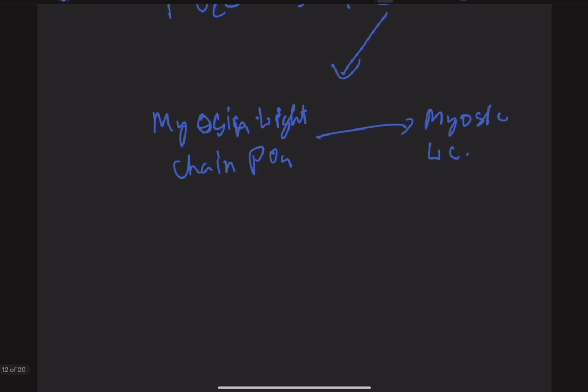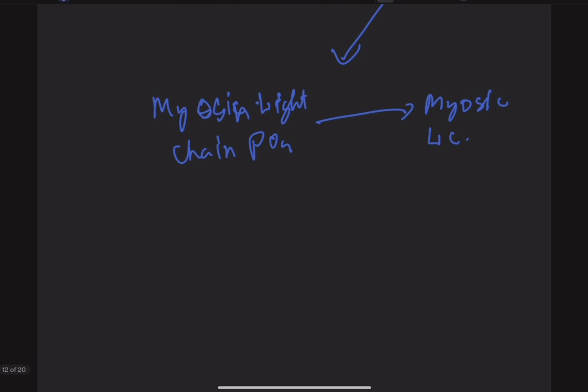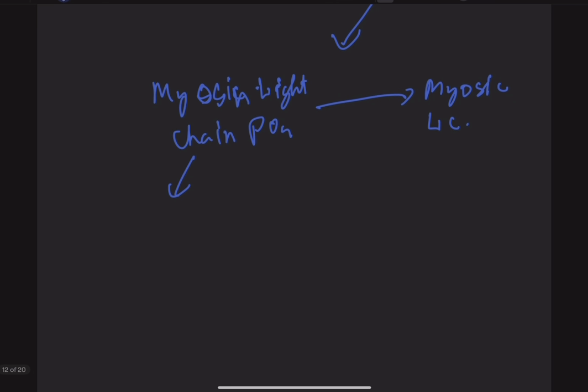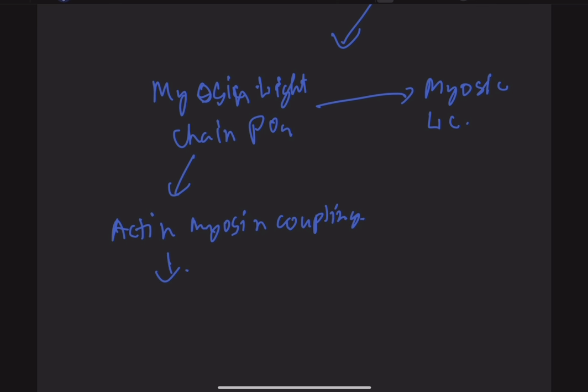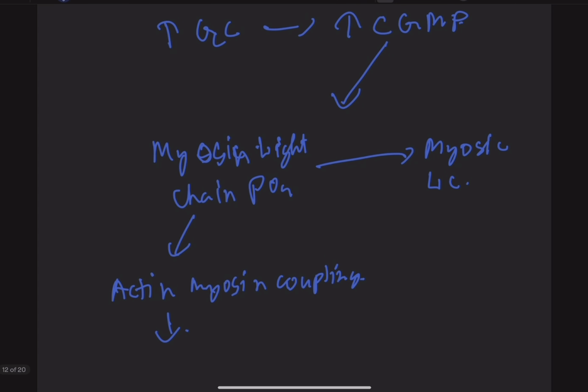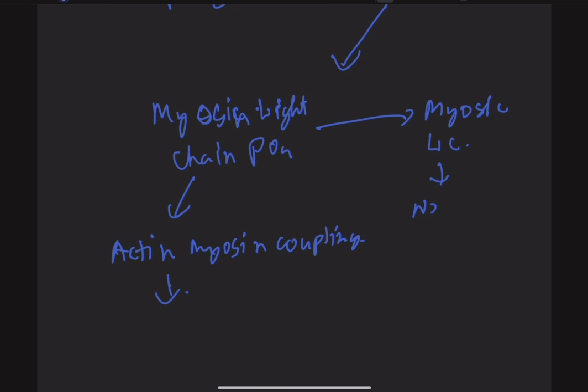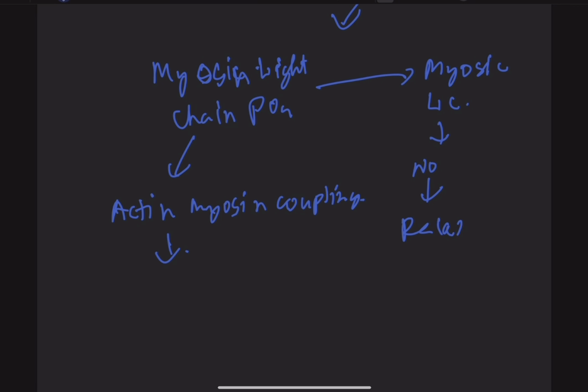So it dephosphorylates the myosin light chain, and the phosphorylation of the myosin light chain is responsible for actin myosin coupling, and that leads to muscle contraction. But when this cyclic GMP dephosphorylates the myosin light chain, it causes no actin myosin coupling, and this causes relaxation. Okay.